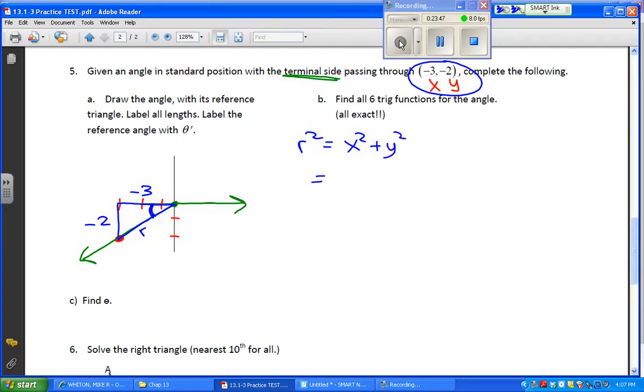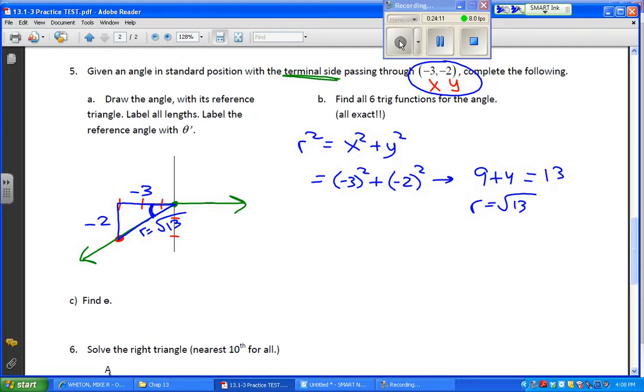Okay, so again, x is -3. Y is -2. So that's 9 plus 4. So r squared is 13, so r is going to be the square root of 13. That's our hypotenuse there. And just leave it like square root of 13. It doesn't need to be a decimal. It doesn't need to be a whole number.